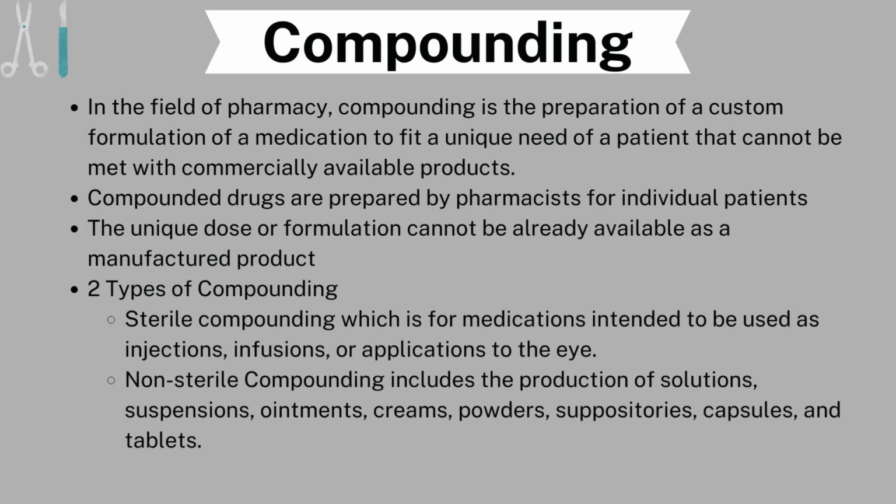We have sterile compounding, which is for medications intended to be used as an injection, infusion, or application to the eye, anything that's going to go in our bloodstream. And we have non-sterile compounding, which includes the production of solutions, suspensions, ointments, creams, powders, suppositories, capsules, and tablets.